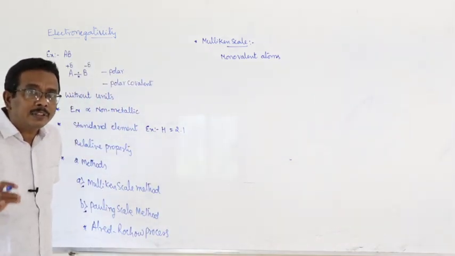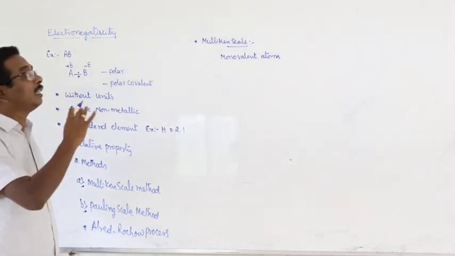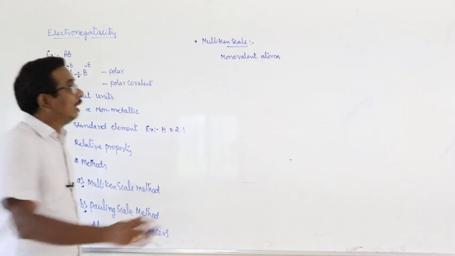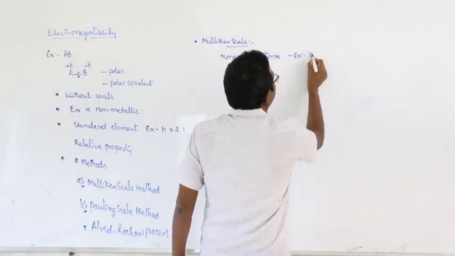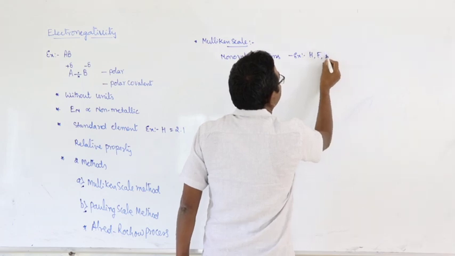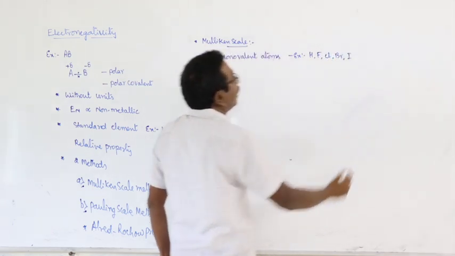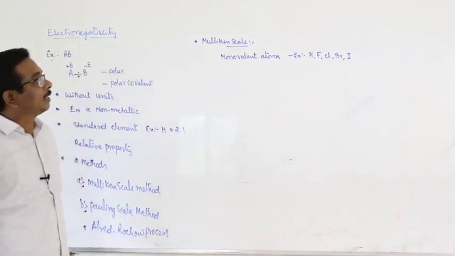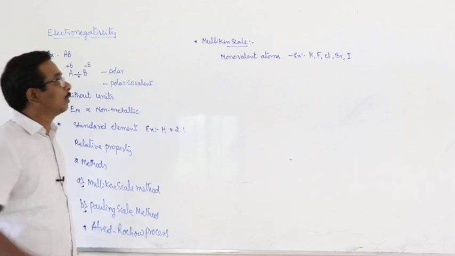The elements with only one unpaired electron in the valence shell. Example: hydrogen, fluorine, chlorine, bromine, iodine and astatine. It is applicable for only monovalent atoms.